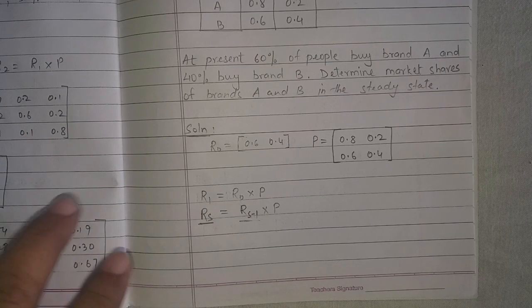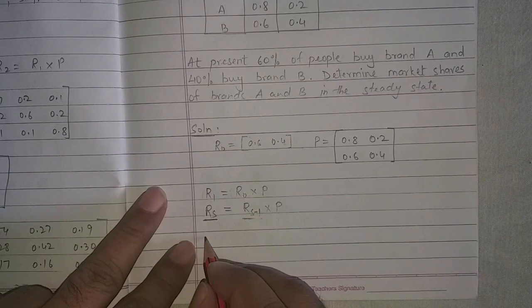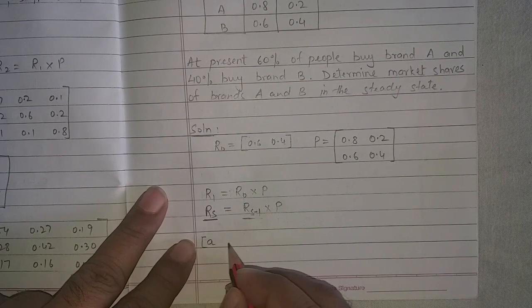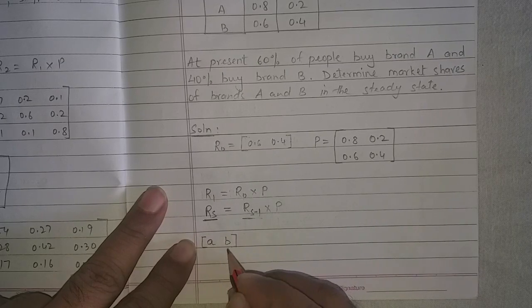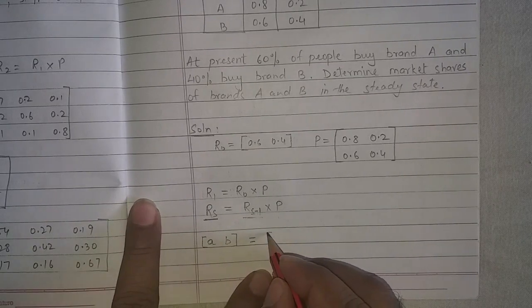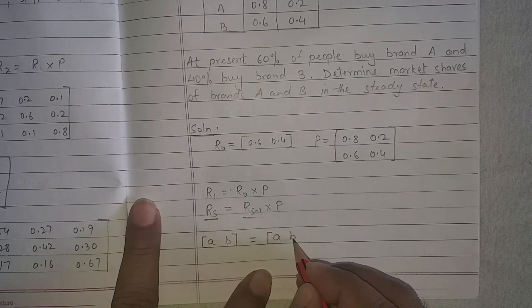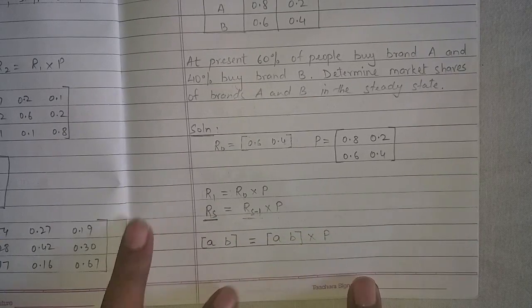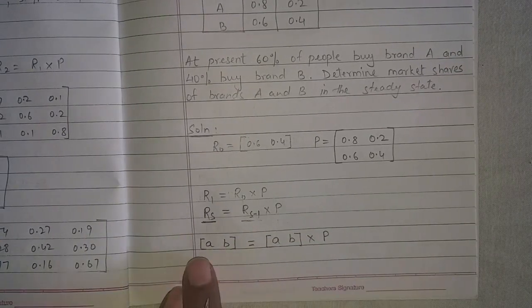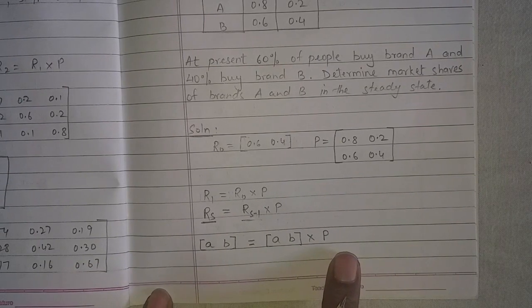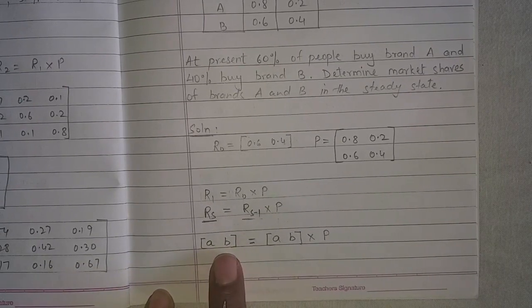Now for Rs, let us use the two values A and B, which will be equal to A, B multiplied by P. Using this equation, we will try to find the values of A and B in the steady state.